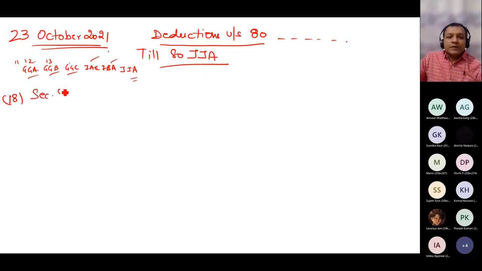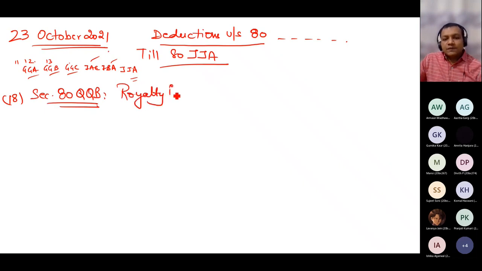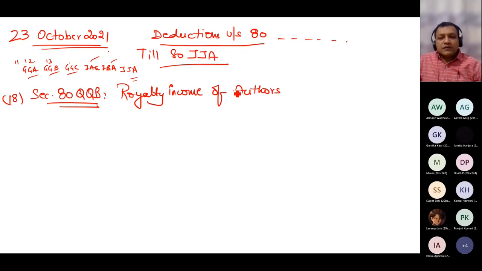Section 80QQB. It is basically given on royalty income of authors. When we write a book as a teacher, I have my own book. I am the author of the book Income Tax, Concept Building Approach as well as Principle.